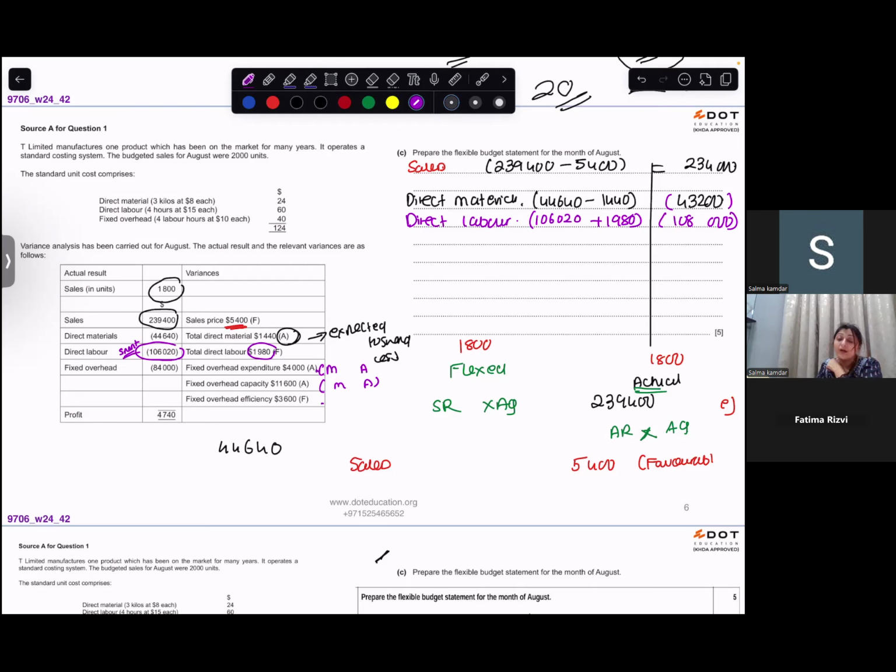Now tell me, what is fixed overheads? Fixed overheads are the factory overheads that remain fixed irrespective of the production.